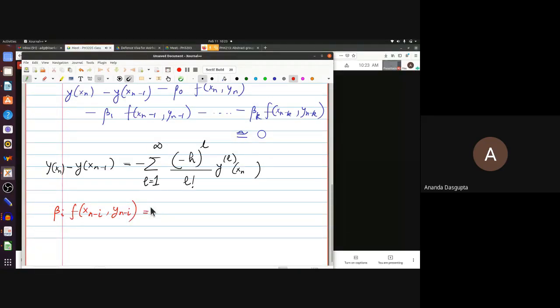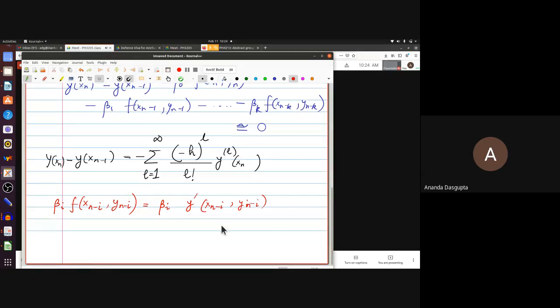Once again, what I'm going to do is write everything in terms of what is happening at xn. Notice that f(xn minus i, yn minus i) is really the derivative of y at xn minus i. Is that okay? That's what f is.